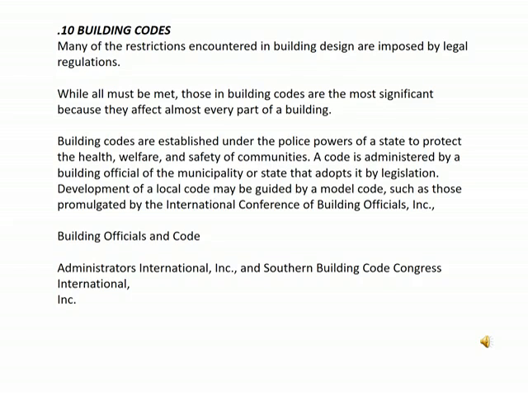The development of the local code may be guided by a model code. In this case, we have to refer to the International Code Council building officials and the appropriate building codes.